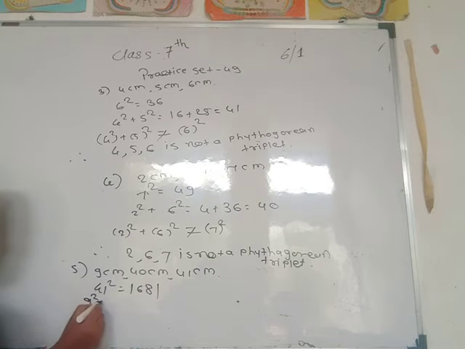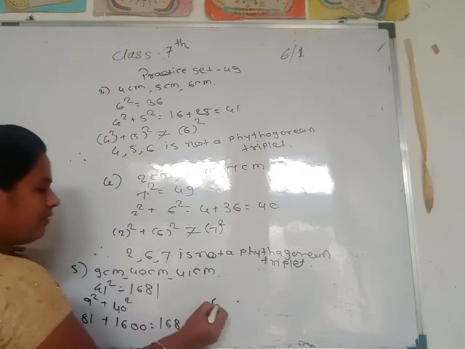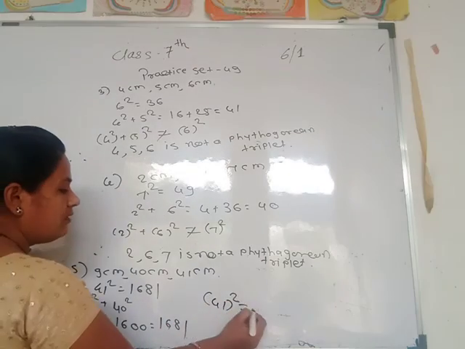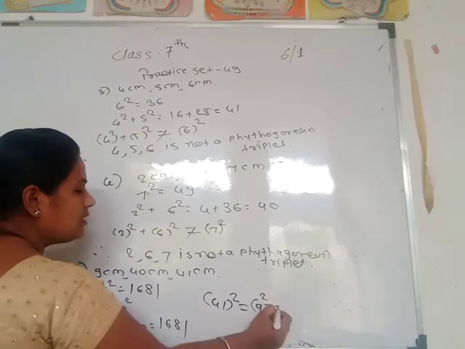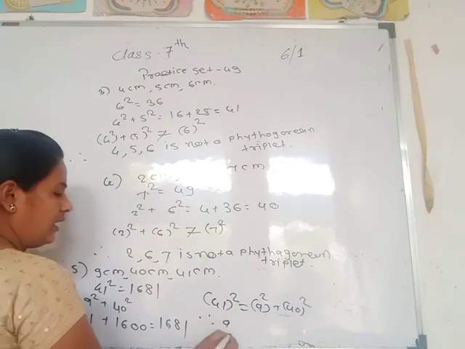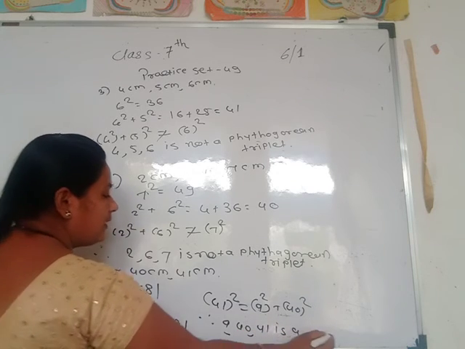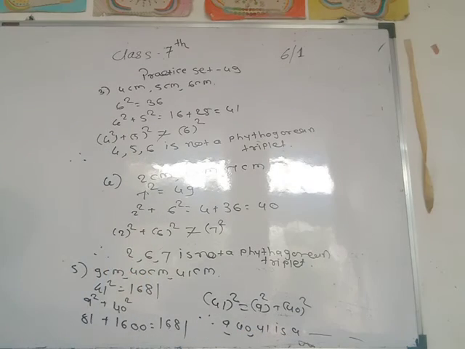Then 9 squared plus 40 squared: 81 plus 1600 is also 1681. Therefore 41 squared is equal to 9 squared plus 40 squared. Therefore you write below: 9, 40, 41 is a Pythagorean triplet.